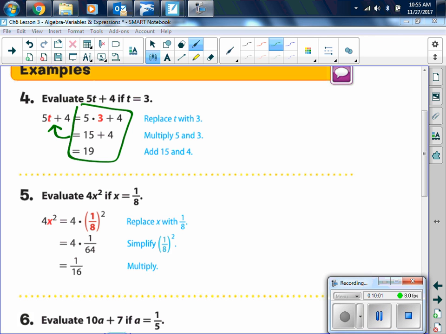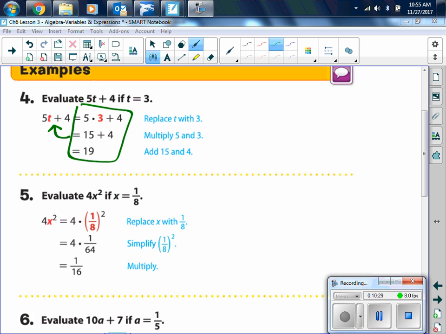And now, using our order of operations, what am I going to evaluate first? We're going to do the exponents. Remember, PEMDAS tells me that we have to do the exponents first, right? Because is that parentheses really a grouping symbol? No, that's just separating the exponents. Does everybody see that? So here, 1/8 squared is 1/64.